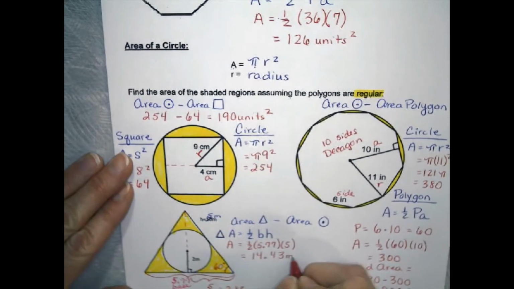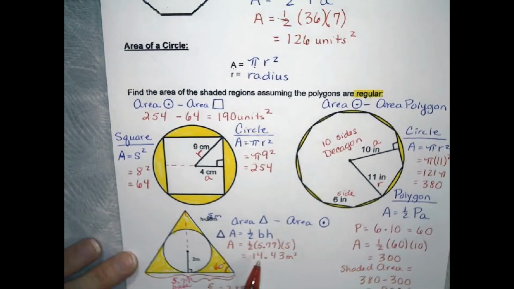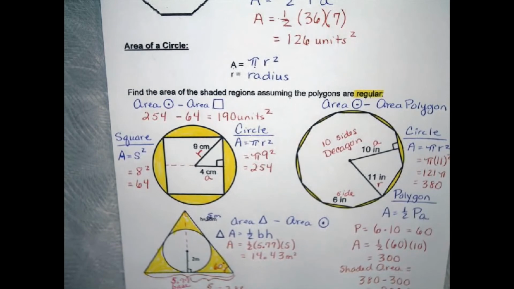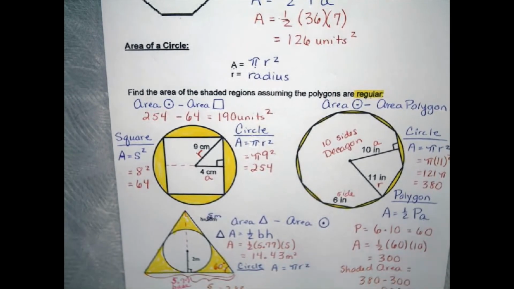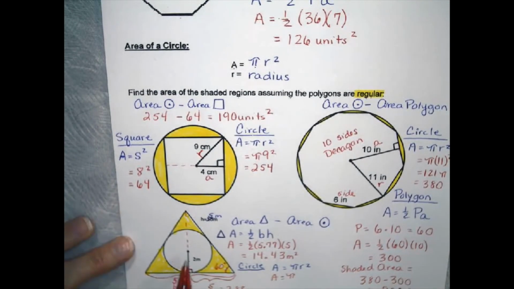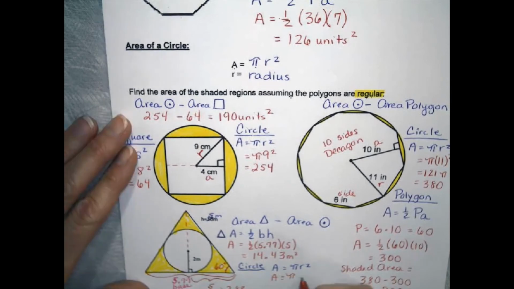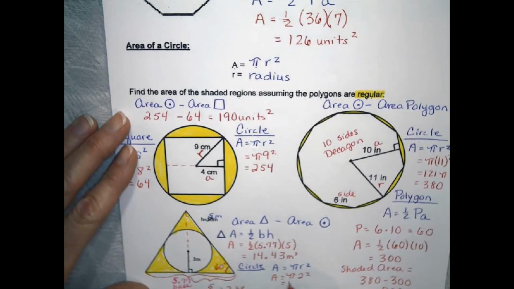The area of a circle, again, remember, would be area equals pi r squared. So I'm going to plug in area equals pi. My radius here is 2, so I get 2 squared, or 4 pi, which will equal 12.56.